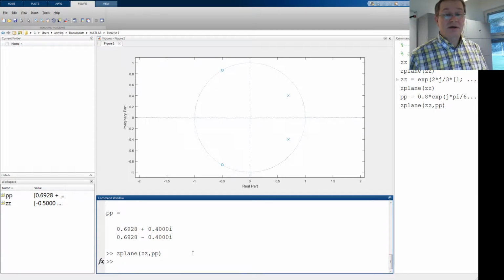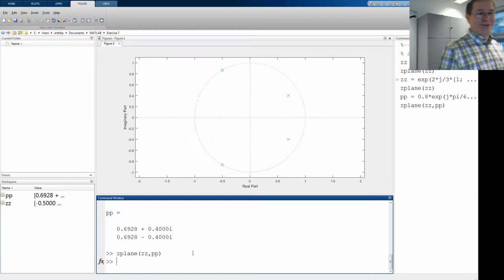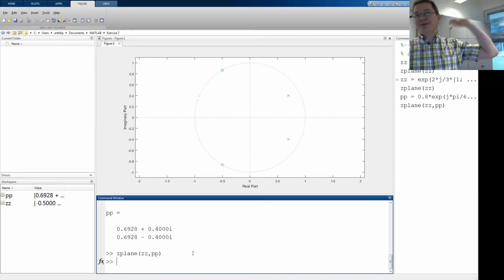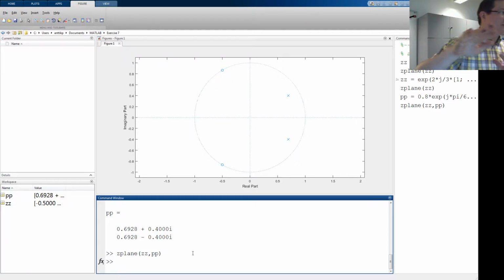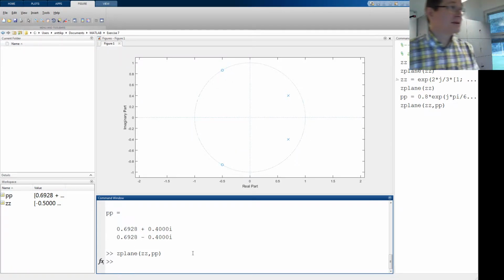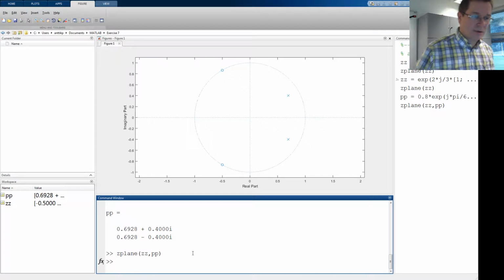Okay, that's our system. Looks like that. A little bit better though. So I don't care about anything else. This is the system zeros and poles. I don't care about the gain either, since I also want to show about the zero. What is that? Where this one actually settles to.